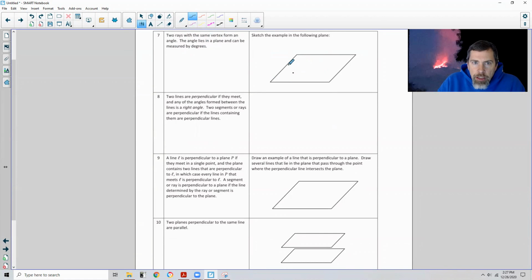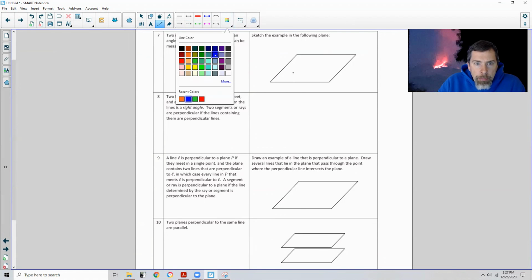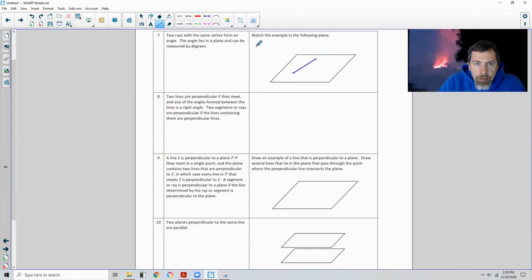So that's my starting point of my ray. I will choose one ray to be, well, let's first start by making it a ray and not a line. So there's a ray. Let's make it blue. And I start at the point and go like that. Let me just move that a little. So there's my ray starting at that point.